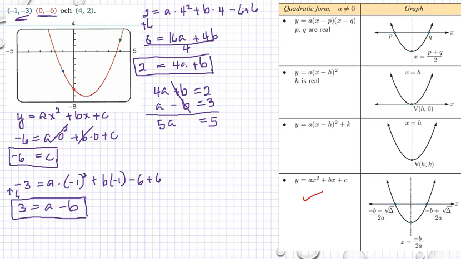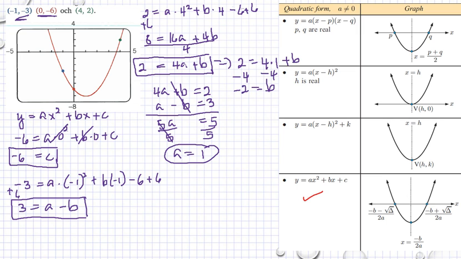Then we have our a now is equal to 1. Then the rest will be just b. Then we can use this one. We have 2 is equal to 4 times 1 plus b. If we subtract 4 from both sides of the equation, then we have b is equal to -2.